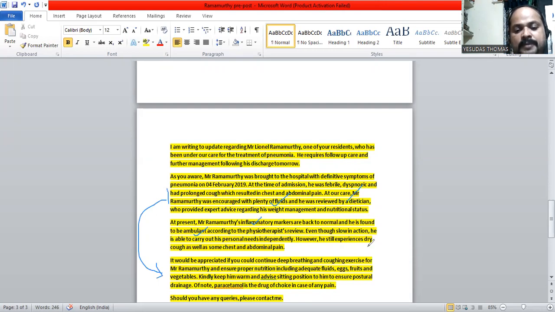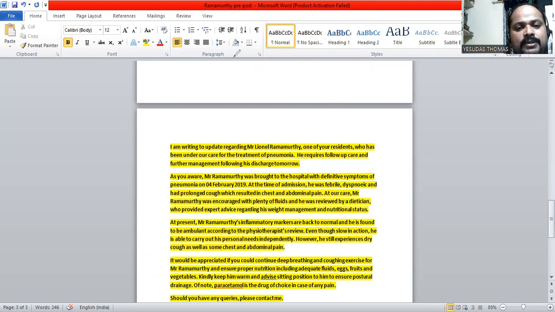However, he still experiences dry cough as well as some chest and abdominal pain. Now his condition is stable, and he has a good prognosis.